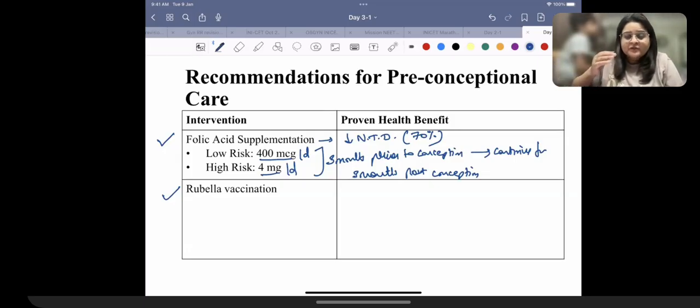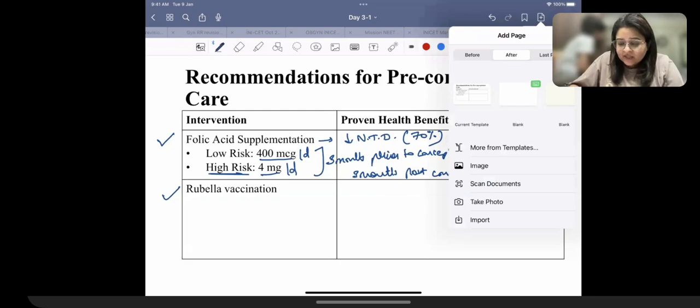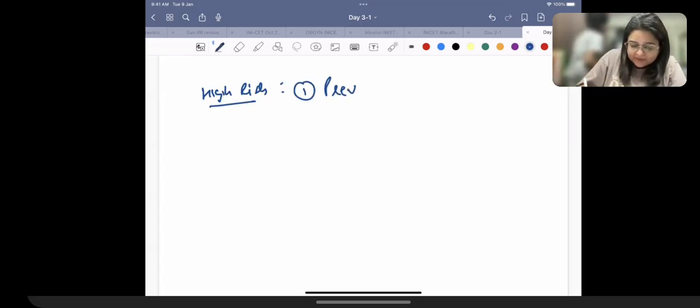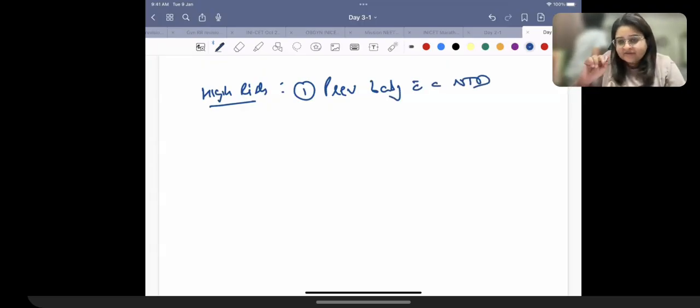Now, what do you mean by low risk and high risk? That is the next question. What do you mean by high risk women? Which women constitute high risk? So high risk women are those women who, number one, have a previous baby with a neural tube defect.